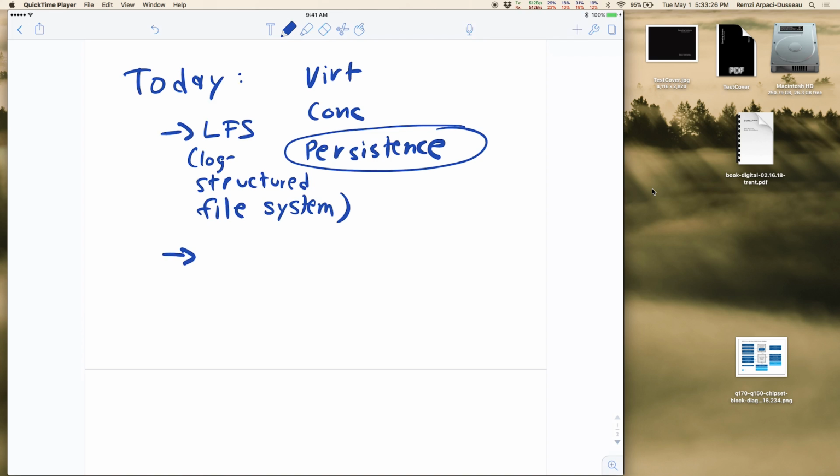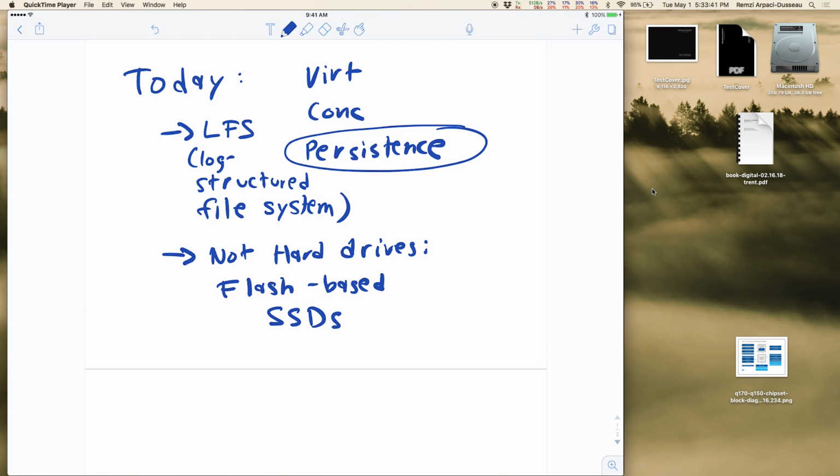And then we'll pop down a level and talk about not hard drives. In other words, we'll talk about flash-based solid-state disks, or SSDs, solid-state devices, really. We'll talk about some of the inner technology there and how they work.